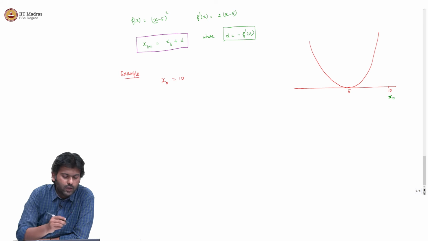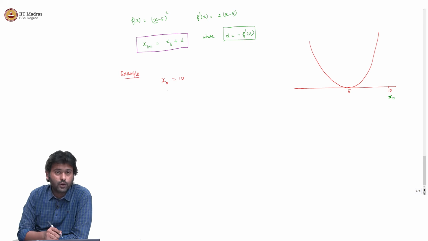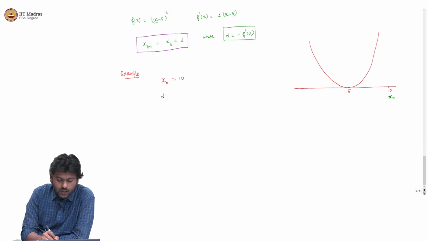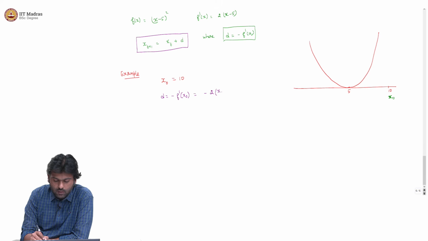Now, let us try to compute the derivative, let us try to compute the direction at this point. Well, d is minus f dash of x naught, which is minus 2 times x naught minus 5, which is minus 2 times 10 minus 5, which is minus 2 times 5, which is minus 10, right.